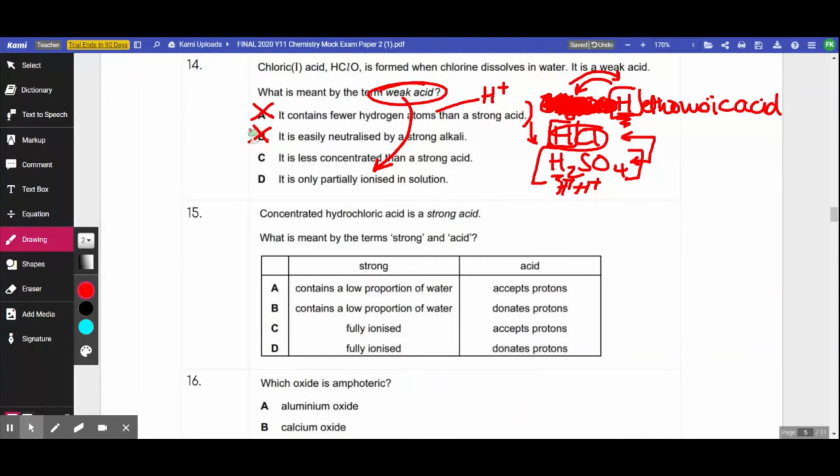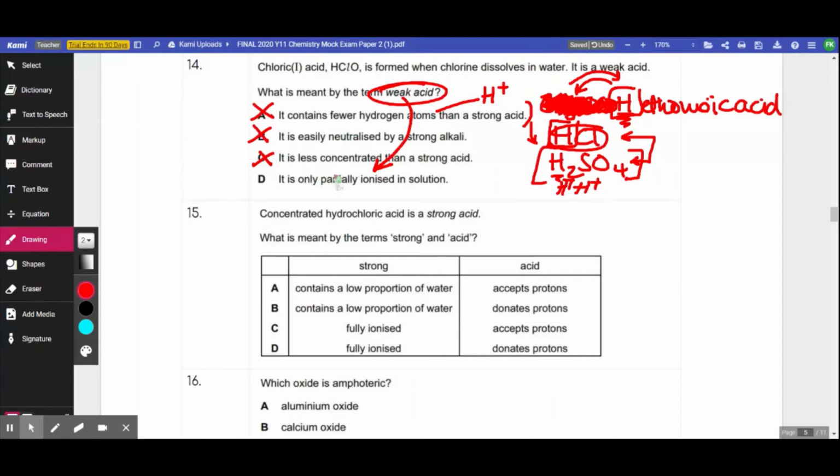It is less concentrated than a strong acid. It's a big fallacy that weak acids are acids that are diluted. No, you can actually get very concentrated weak acids. You can get diluted strong acids as well. So there is such a thing as strong and the opposite is weak. There is such a thing as dilute and the opposite is concentrated, and both are mutually exclusive.